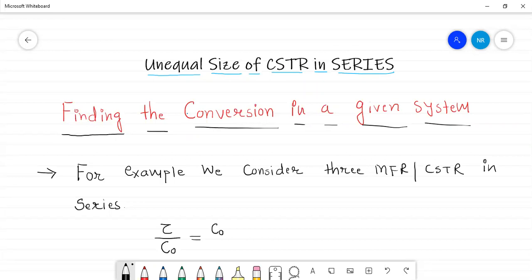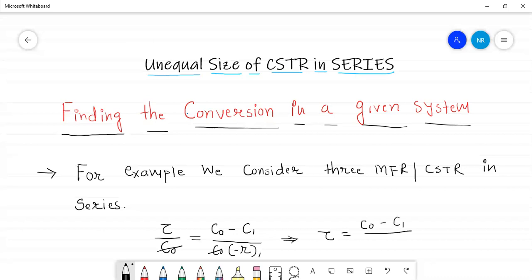So (C0 minus C1) divided by C0 multiplied by minus R1. C0 and C0 cancel out. So I get one equation: tau is equal to (C0 minus C1) divided by minus R1.